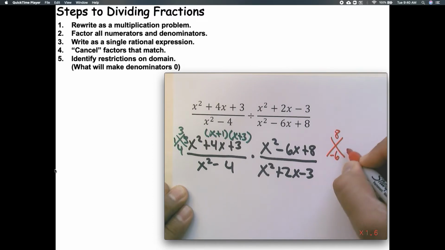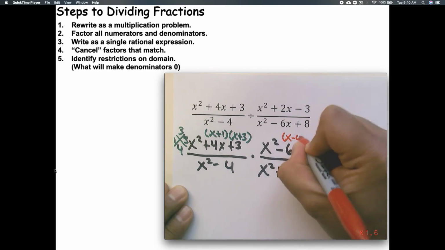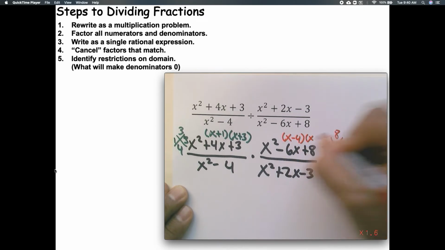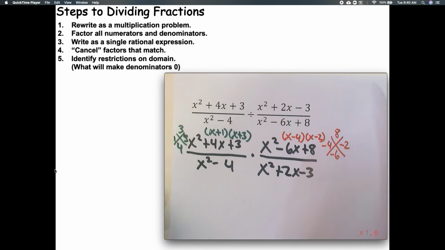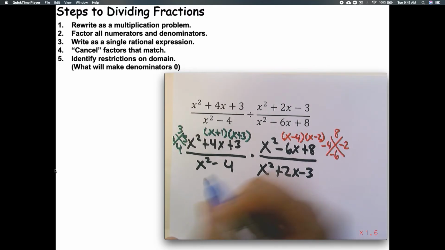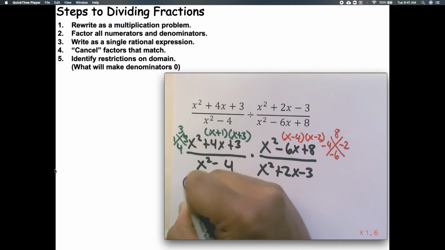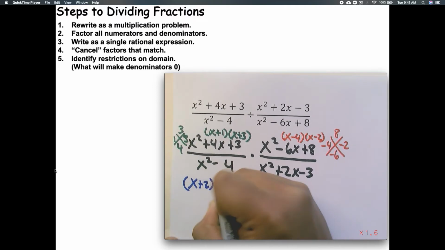Multiplies to a positive, but the sum should be a negative, so they're both going to be negative: negative 4, negative 2. So this turns into x minus 4 and x minus 2. All right, next one, difference of squares. This is just going to be x and 2, so x plus 2, x minus 2.